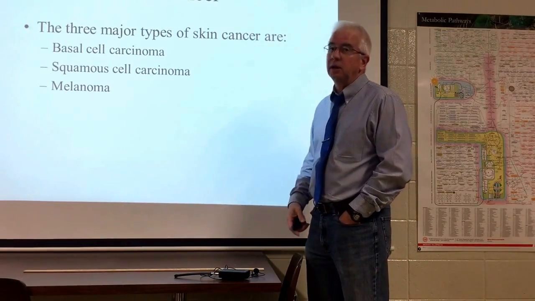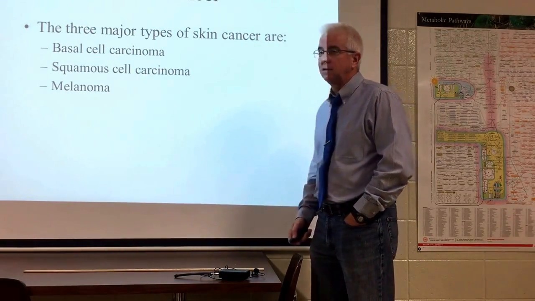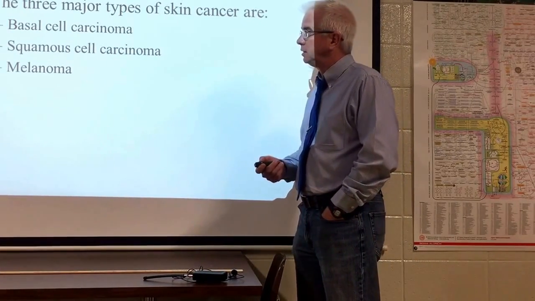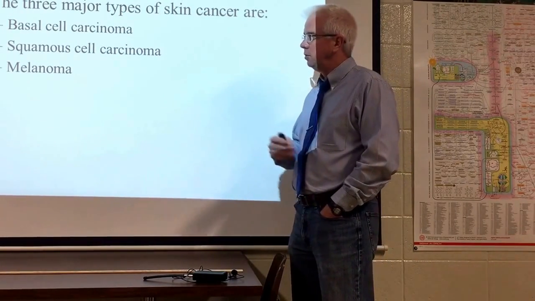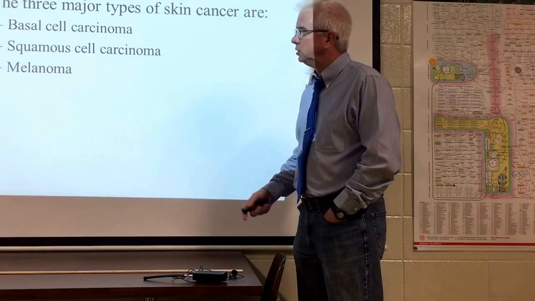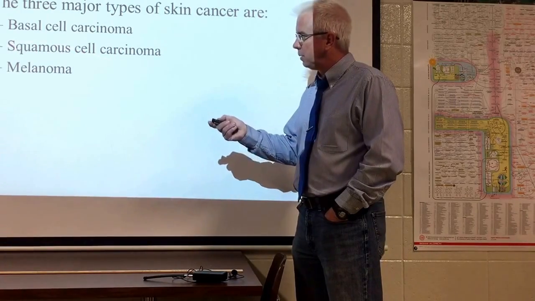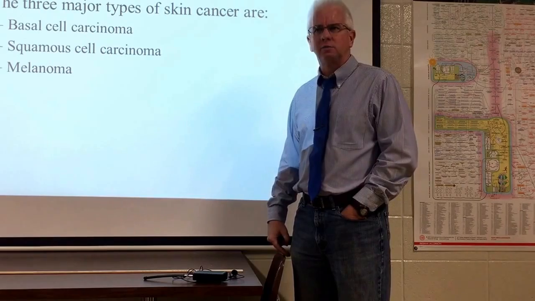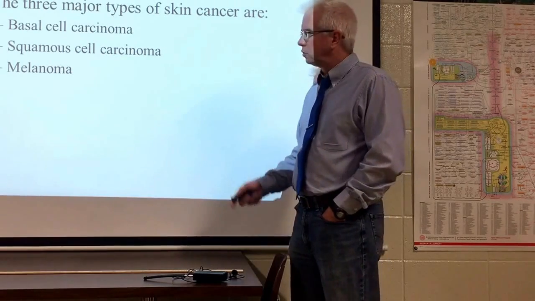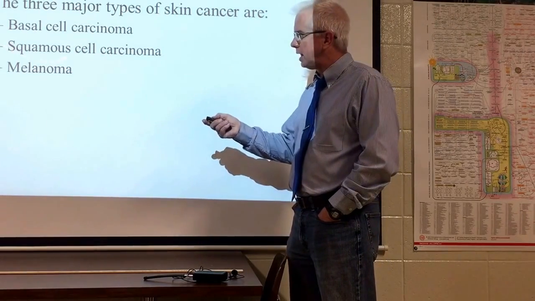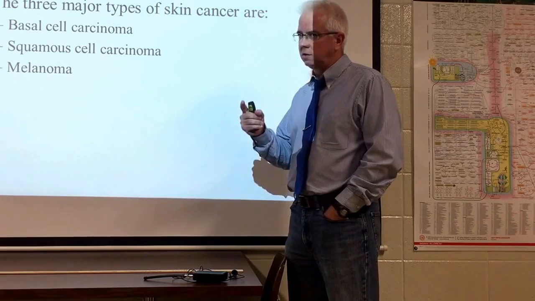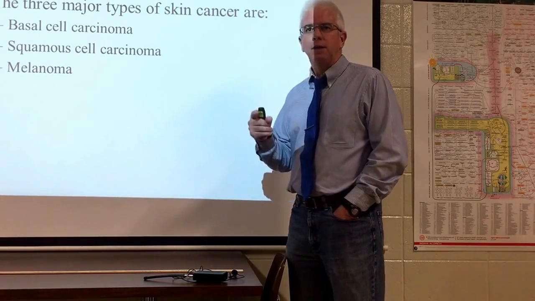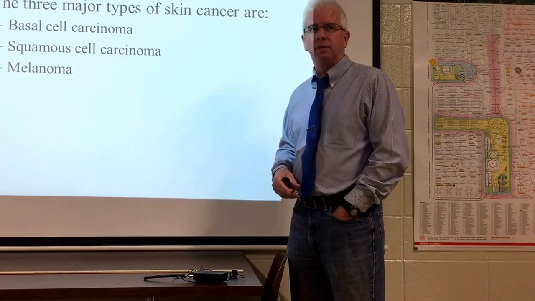This happens to be, interestingly enough, the least dangerous of the skin cancers. Just simple excision, removing them, and there's not normally an issue. The second most dangerous type are these, the squamous cell carcinomas, and they normally arise in the stratum spinosum. So squamous cell carcinoma, when you saw that name right there, you should have thought to yourself, that would be a cancer of the squamous epithelial cell.